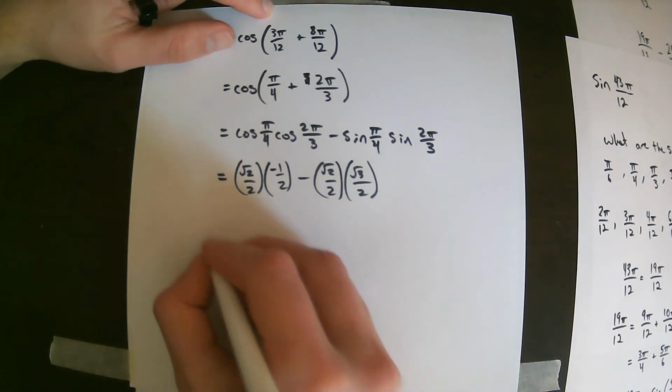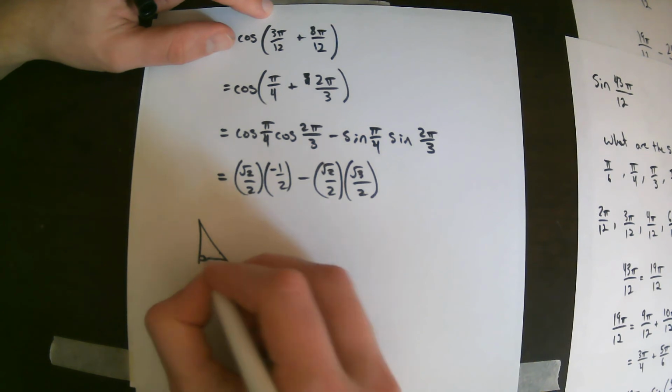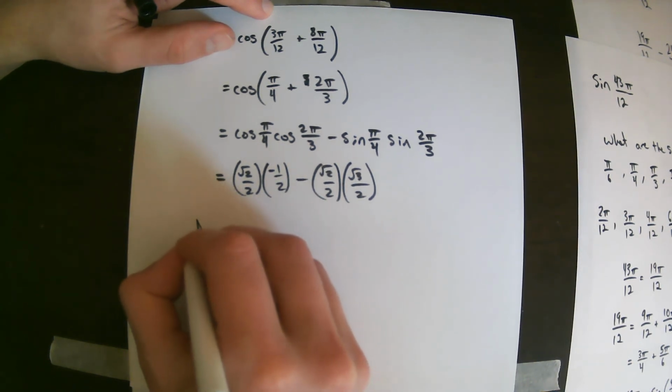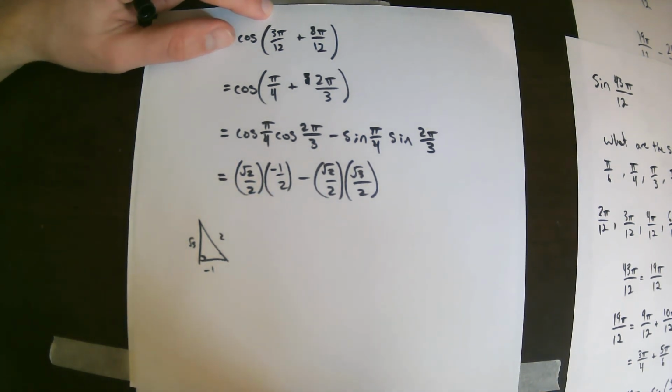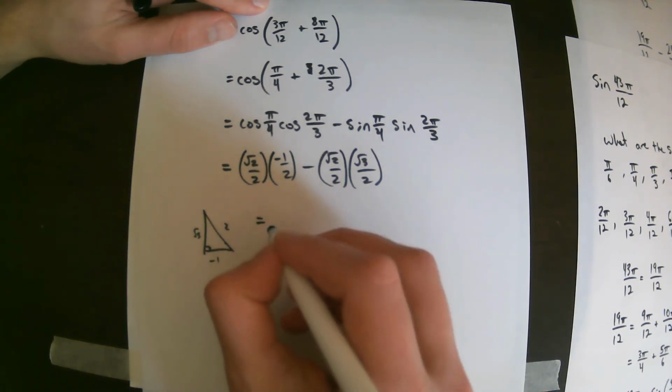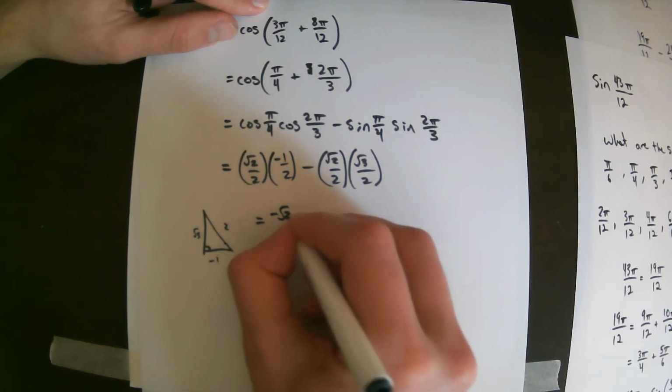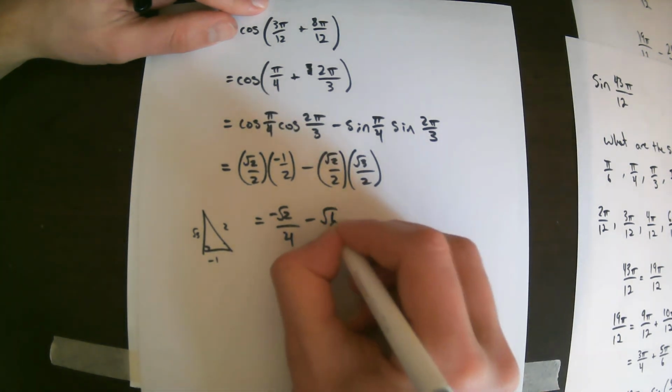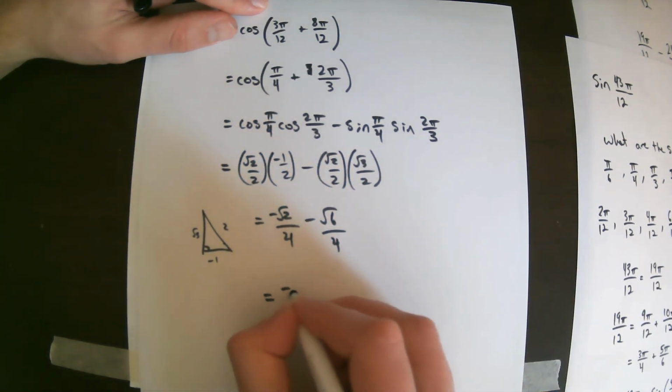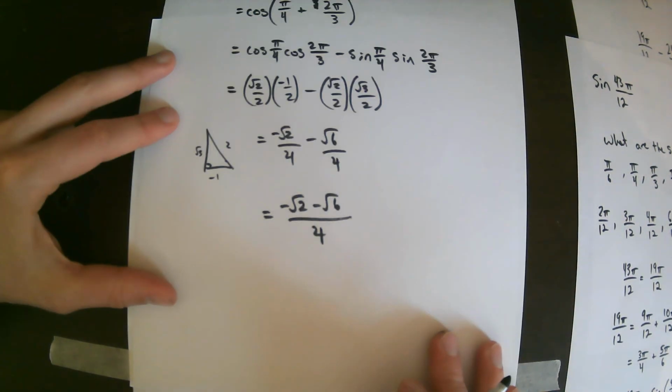Right, let me see, let me draw my 2 pi on 3 angle. Yeah, square root of 3 over 2, it's negative. Yep, okay, so this is equal to negative square root of 2 over 4 minus square root of 6 over 4, which is equal to negative square root of 2 minus square root of 6 all over 4. There we go.